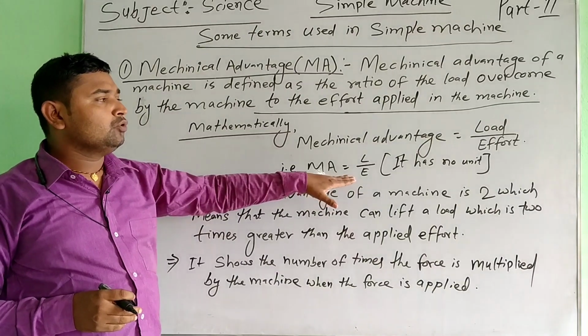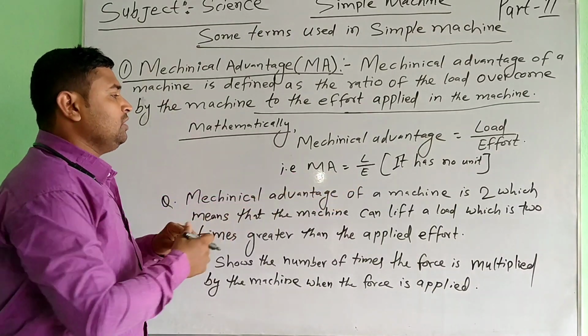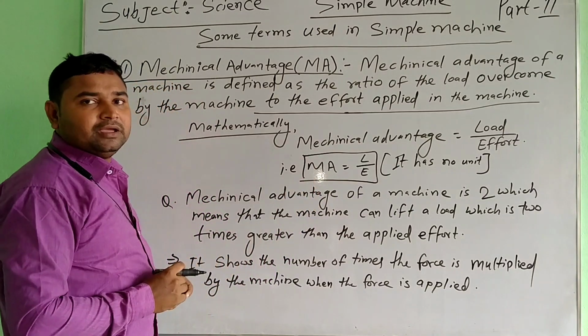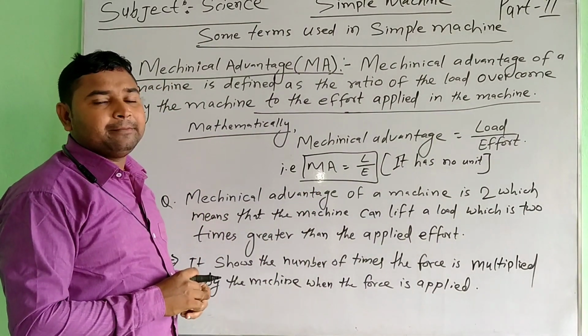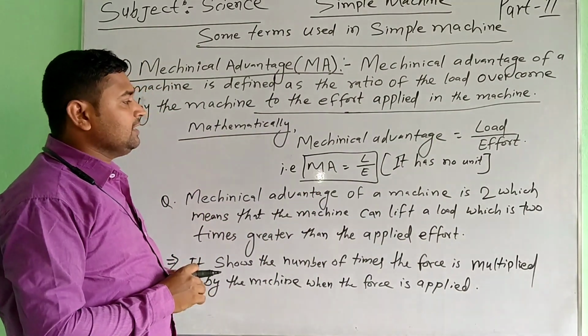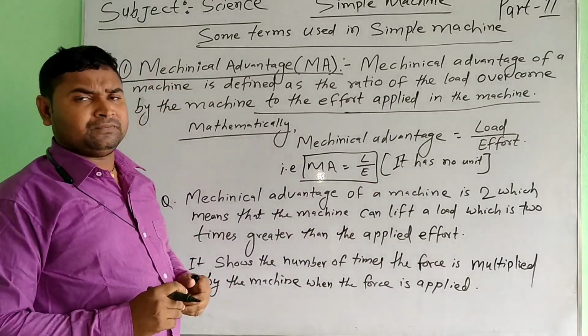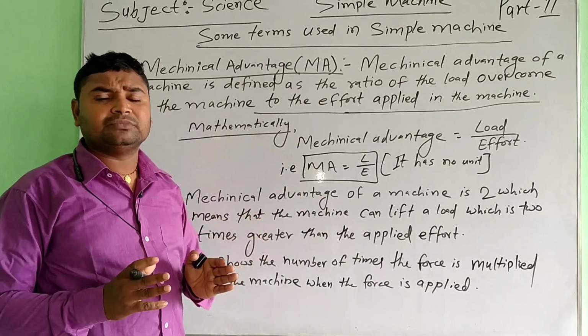MA is equal to load by effort. That is the formula of MA. It has no units because the ratio of the load and the effort is the same.